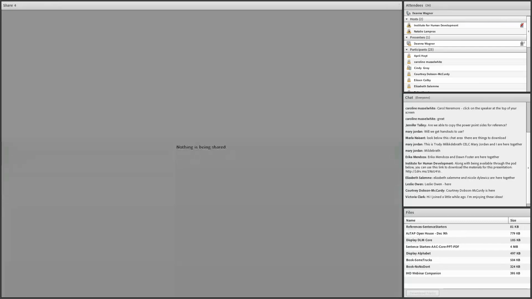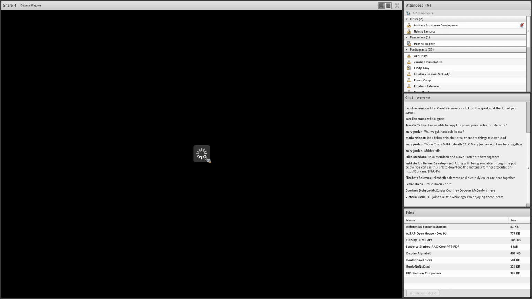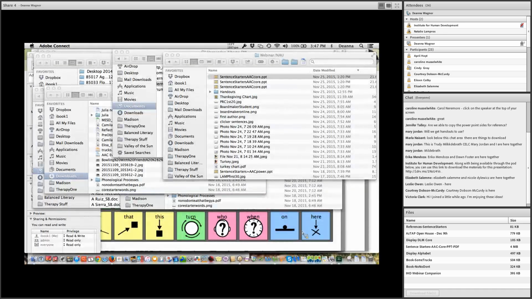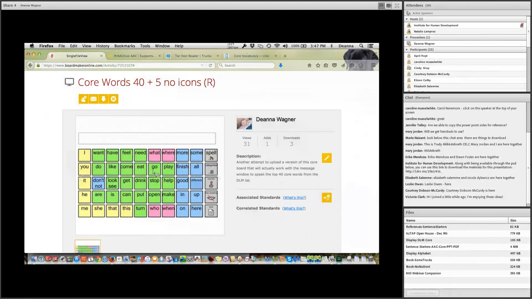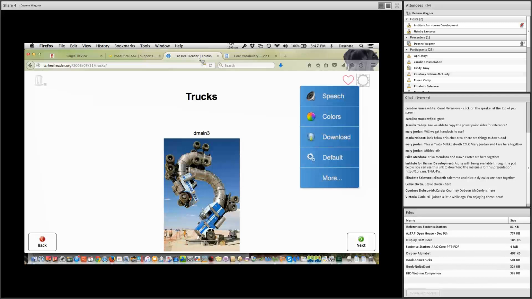And I'm going to show you what the Tar Heel Reader website looks like. So we type in Tar Heel Reader as the website and we can search for different books.